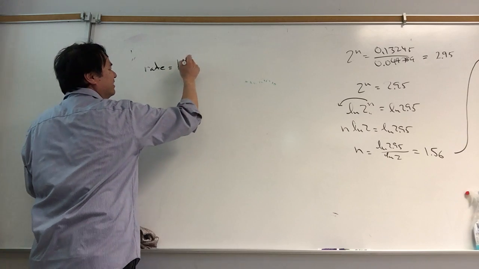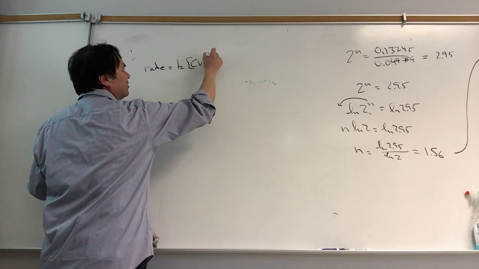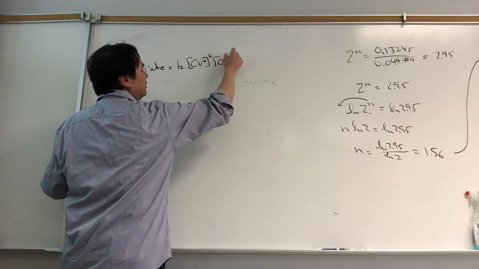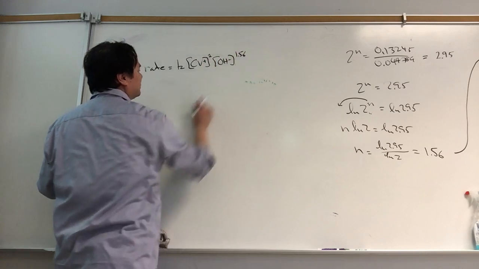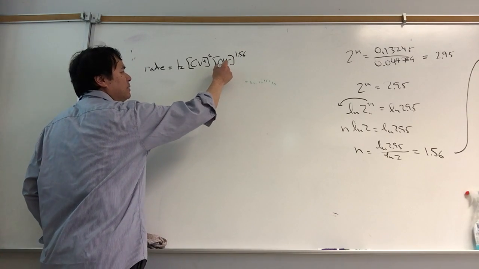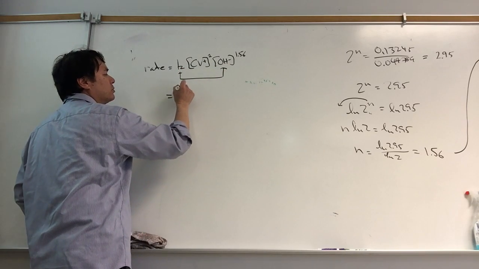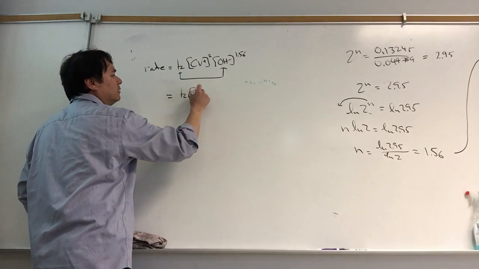So we have it now. The rate is going to equal K times the crystal violet to the first times the hydroxide to the 1.56. But what we did was we made the hydroxide so big that it stayed essentially constant over the course of this experiment.